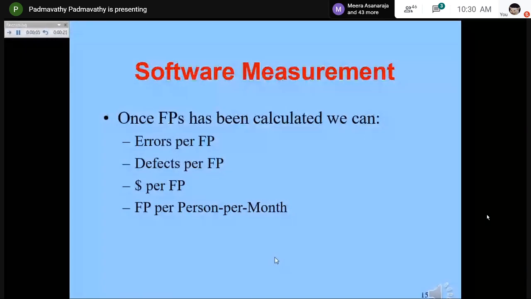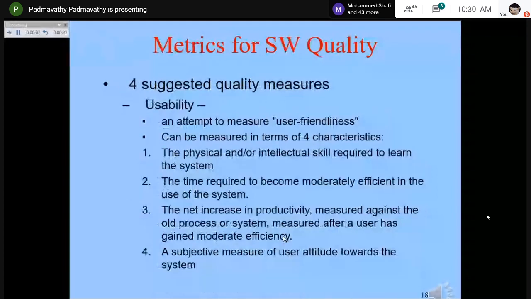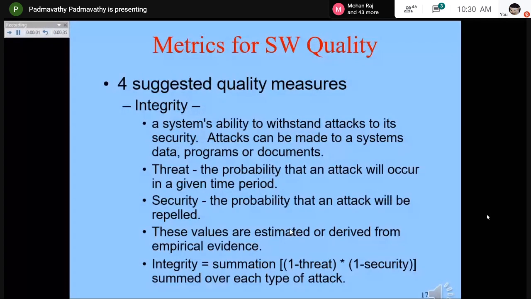So integrity: how is it able to safeguard itself from the person who is trying to steal the code? It is not able to show the internal logic. So that is how attacks can be made to systems. There can also be a security threat to the data. In that case, how strong is your database? I think you have the database management system paper.